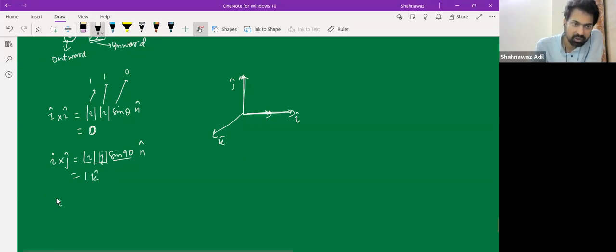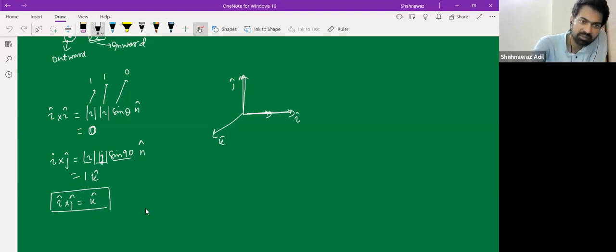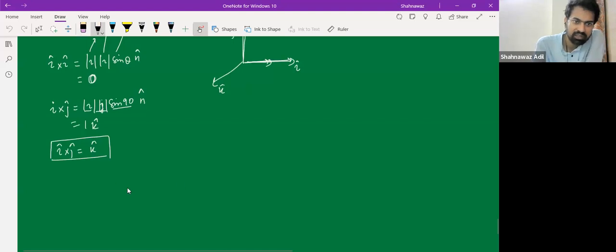So I cross J would be how much? This would be K cap. In the dot product, only I dot I survived, right? But for the cross product, we get I cross J equals K. Similarly, if I calculate J cross I, how much will I get? You know that the magnitude would be 1.